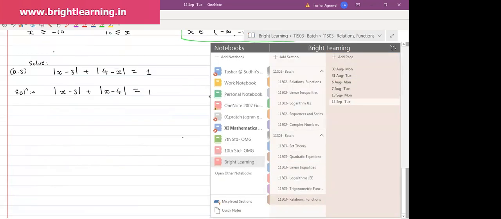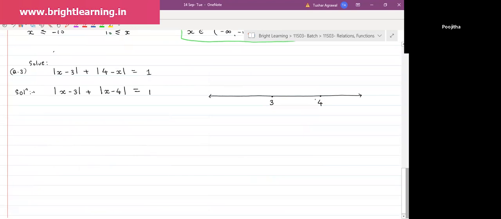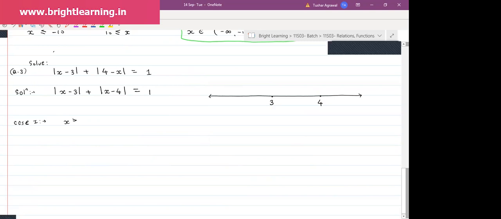Now case 1, x greater than or equal to 4. What do we have? What is the first function? X minus 3 modulus. It means right of 3. Consider x minus 3 to be equal to y.